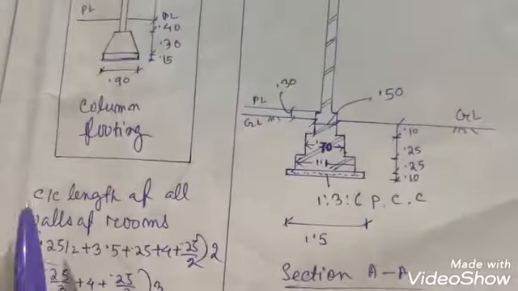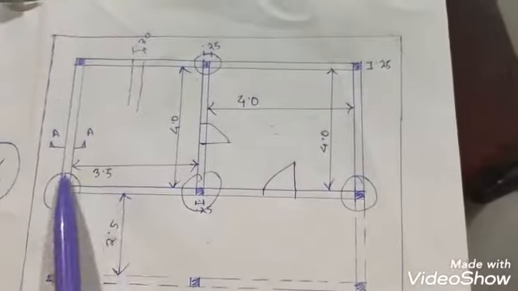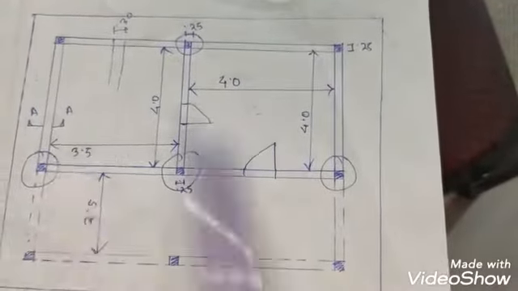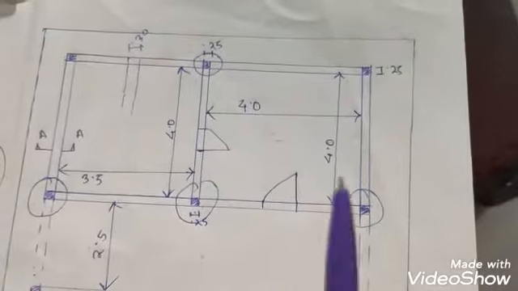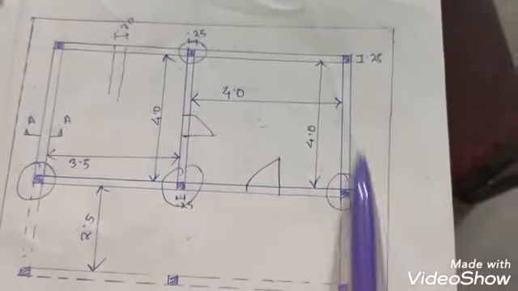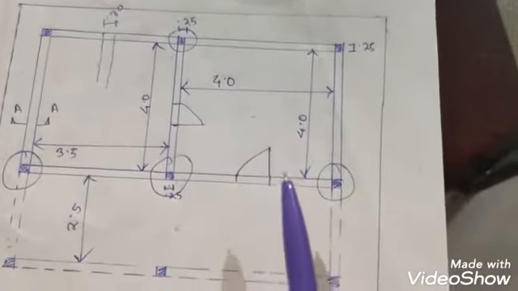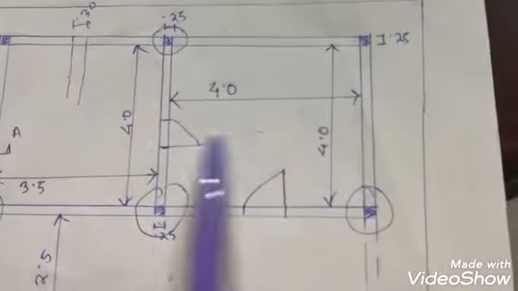Now let us try to calculate the center to center length of all walls of the rooms. Okay. So these walls, 1, 2, 3, 4, 5. There are 5 walls. We need to calculate the center to center length of all the walls together. Okay. So let us find out. Let us start in this direction.